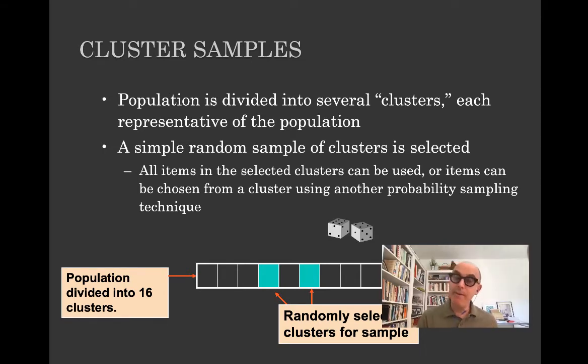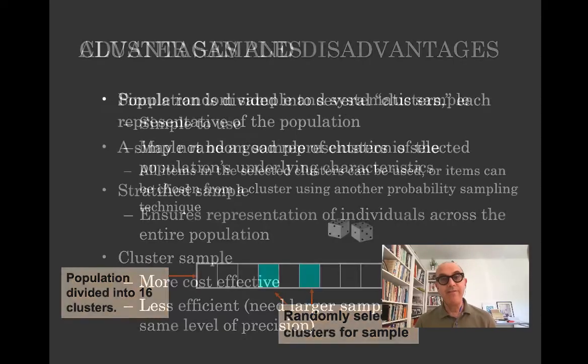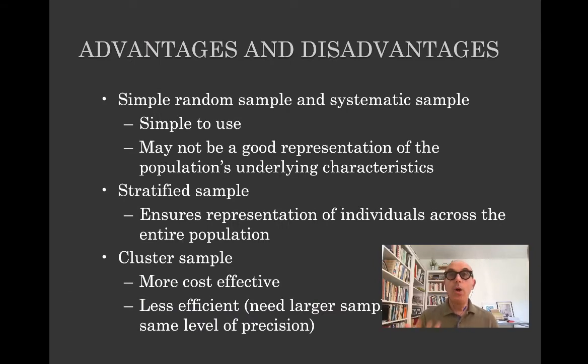Again, a different methodology to select from the population. What is the advantage and disadvantage of this methodology? Simple random and systematic samples are simple to use, but may not be a good representation of the population's underlying characteristics.